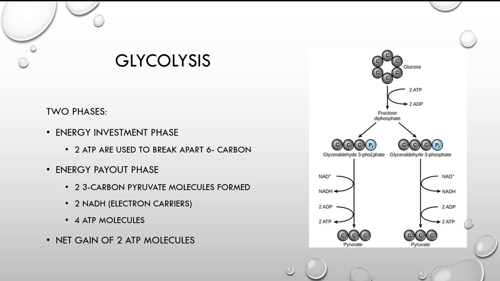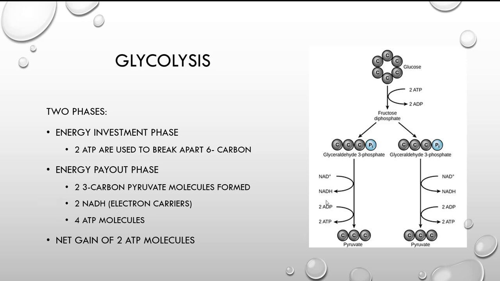So during this process, when the 3 carbon plus the phosphate undergoes the reaction, we gain some electrons, and those electrons get added to the electron carrier NADH. We have that happen once and twice, because we have 2 pyruvates. So we end up with 2 NADH, or electron carriers.